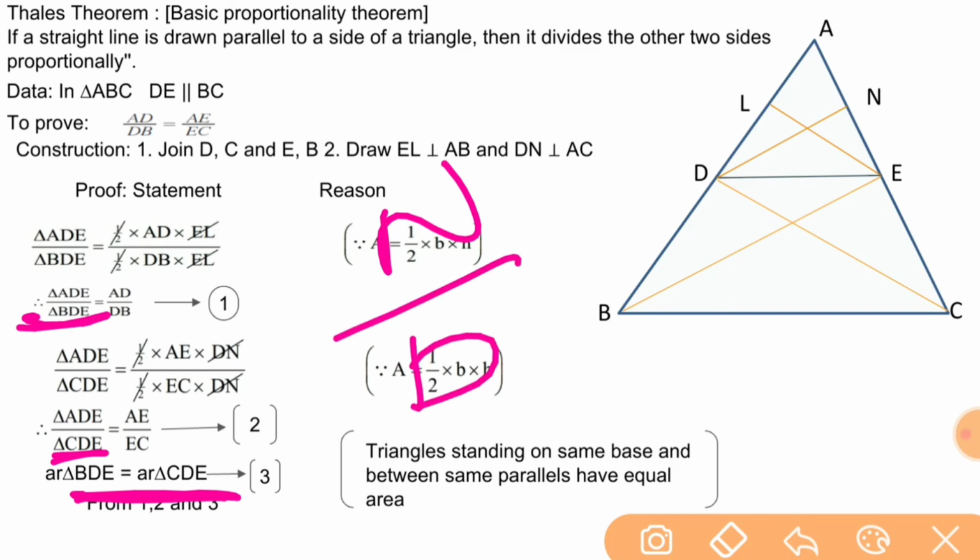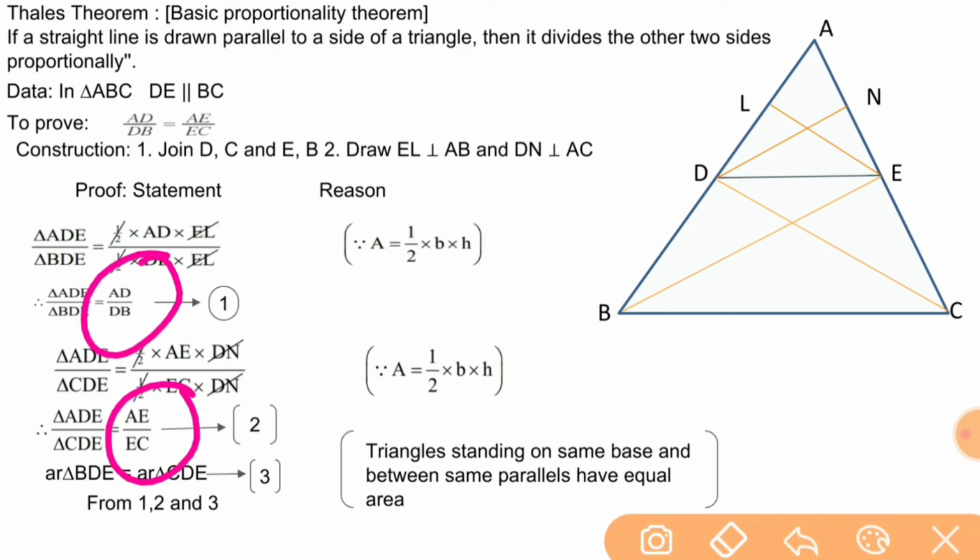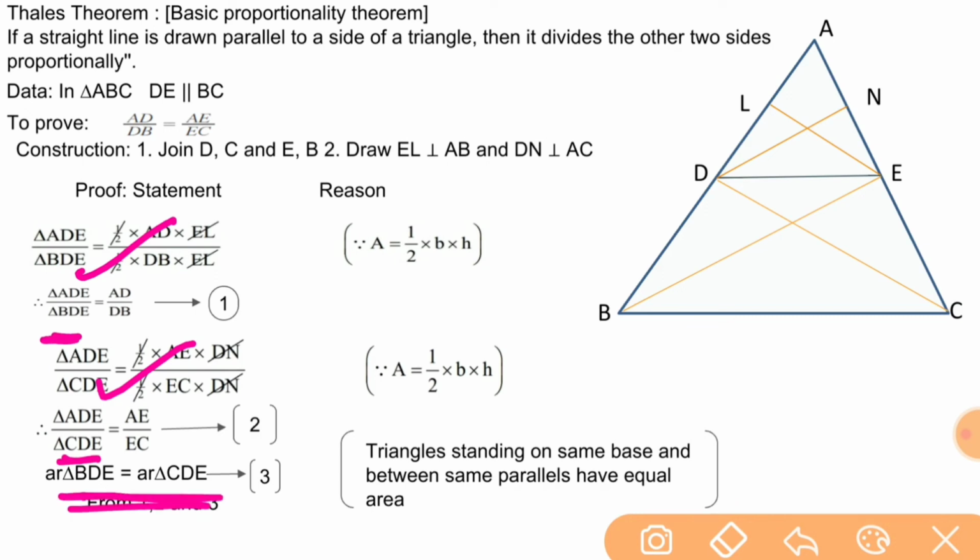So on the basis of equations 1, 2 and 3, what can I write? That is AD by BD is equal to AE by CE. Why can I write this? Because here ADE is equal to ADE. Both the numerators of equations 1 and 2 are the same, whereas the denominators are also the same. Why are they the same? Because I have already proved that BDE is equal to CDE.